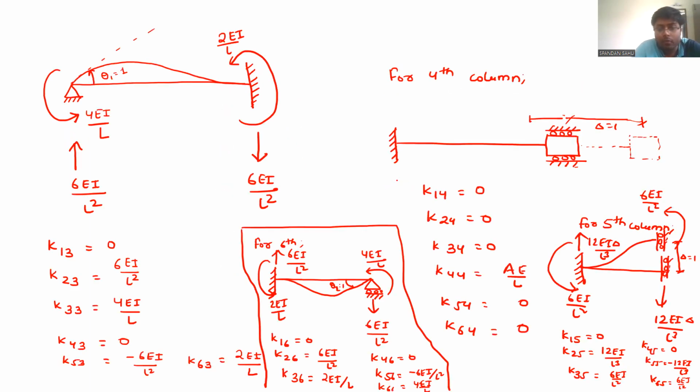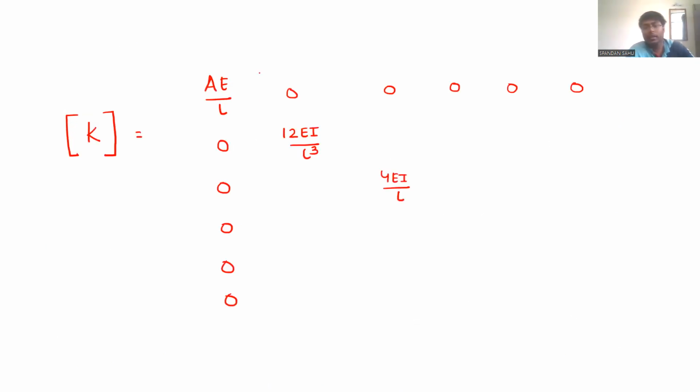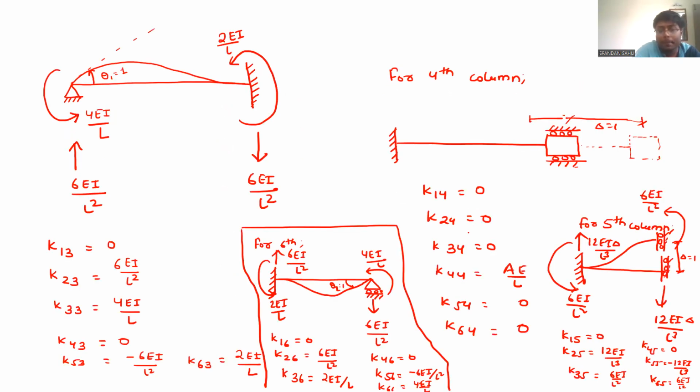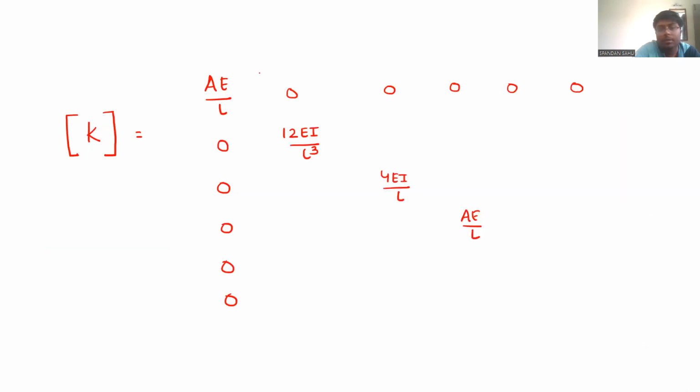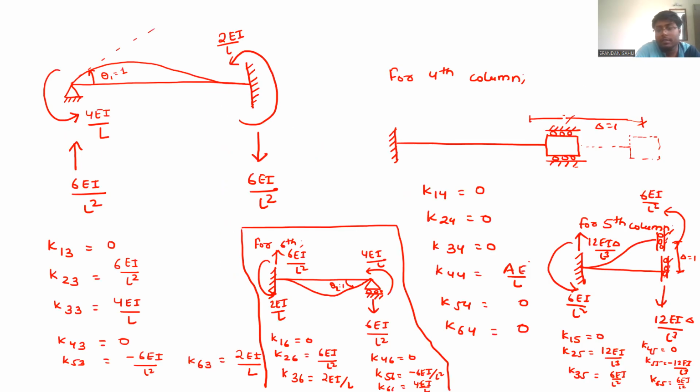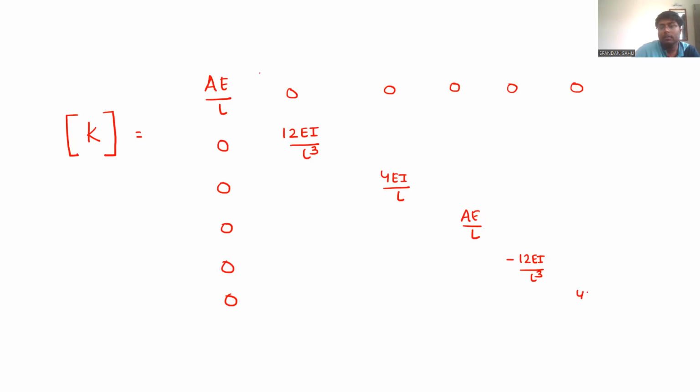K44 is AE by L. K55 is 12EI by L cube. K66 is 4EI by L, where we have written the 4EI corner.